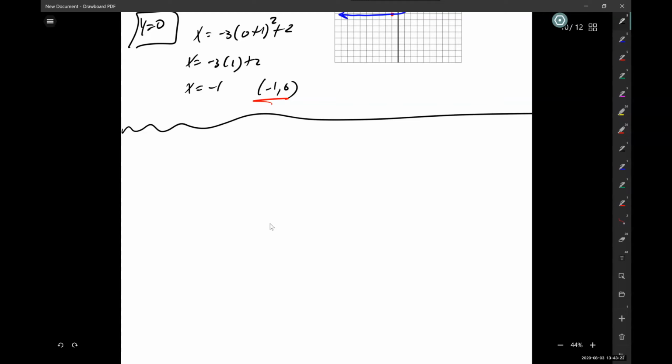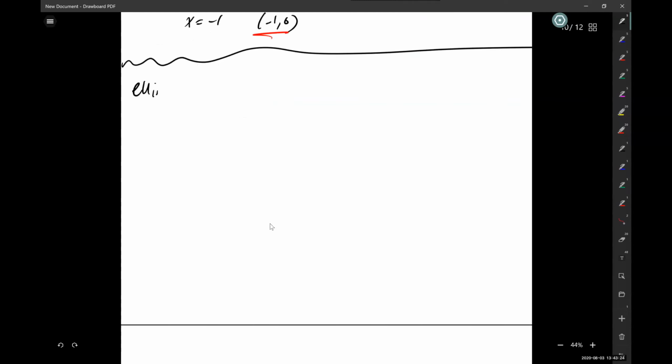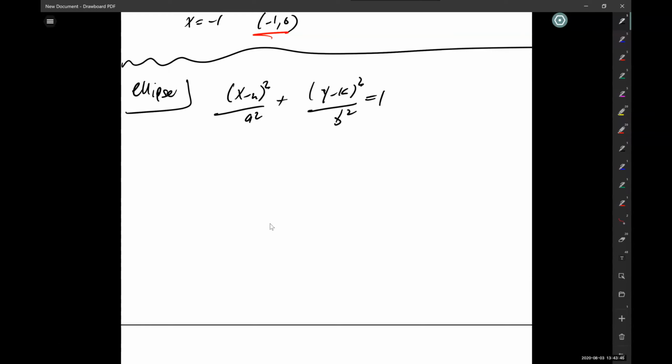For the ellipse. So, H, pardon me. Important things to remember when we're dealing with the ellipses is that these are like circles and that they have a center, but the vertical and the horizontal distances are not equal.